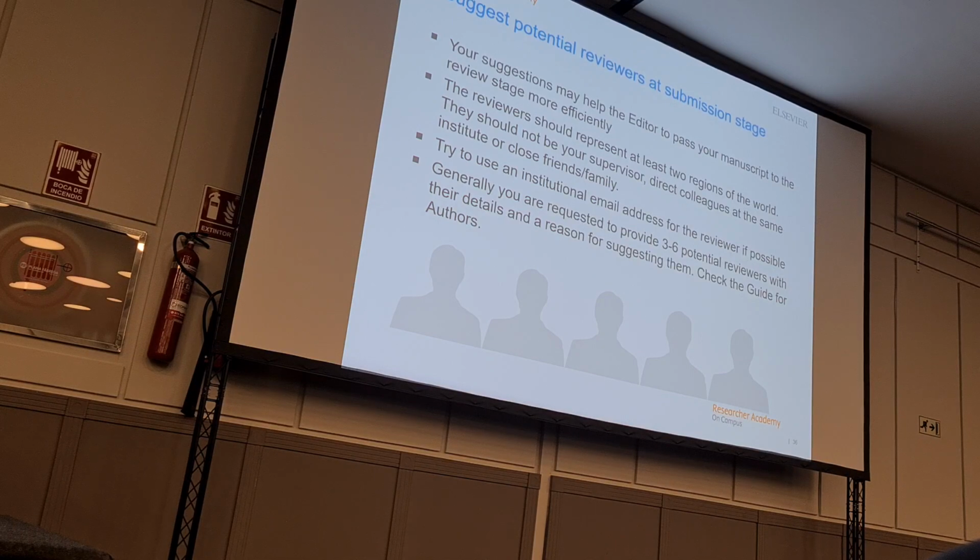So when you are submitting a paper, you will suggest potential reviewers. The system asks you to give some potential names. You can read the text, but I don't want to read it. I just want to tell you my experience with the submissions.